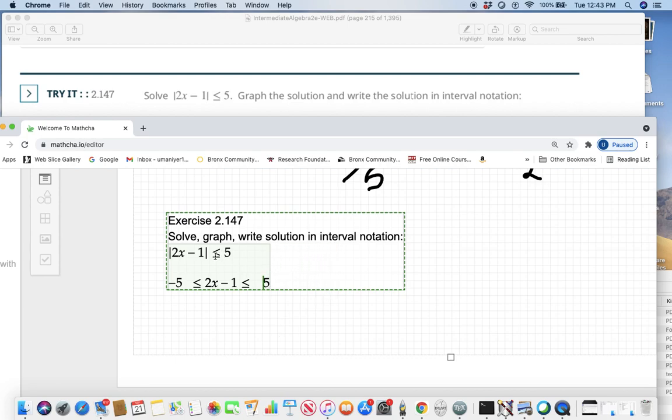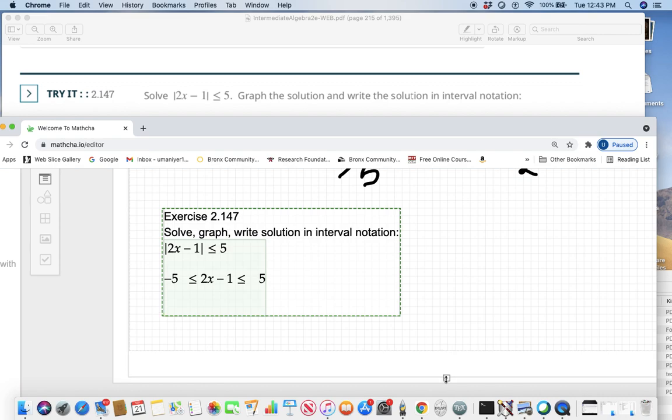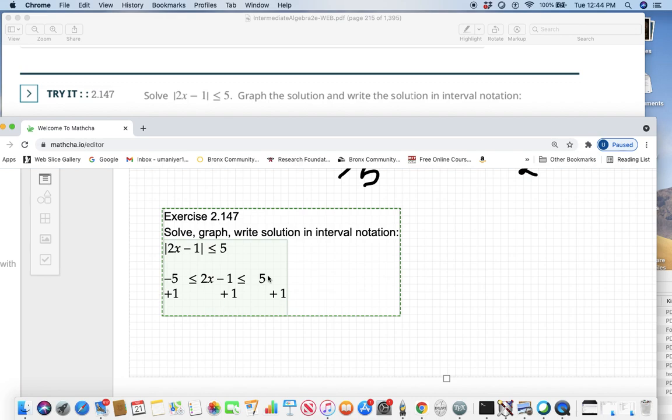So this inequality is basically a sequence of inequalities. Okay. Now we want to solve for x. In other words, you want to first get rid of negative 1. You add 1 throughout, 1 for each part that has been separated by an inequality.